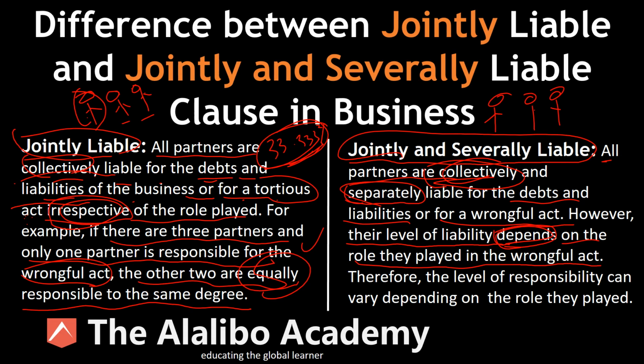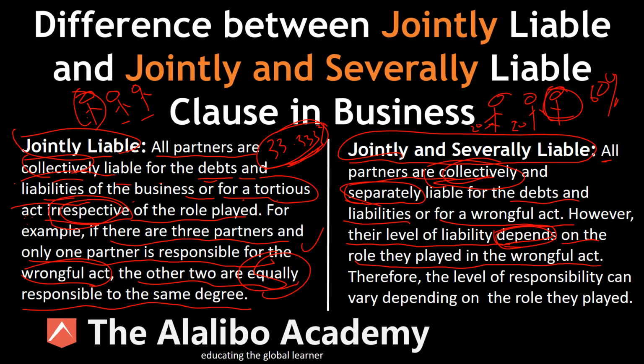So for example, you have three partners, and one partner, let's say, was responsible for most of the wrongful act. So this partner will be responsible, for example, for 60% of the wrongful act, 20% here, and 20% here. So their level of responsibility varies depending on their contribution to the wrongful act.